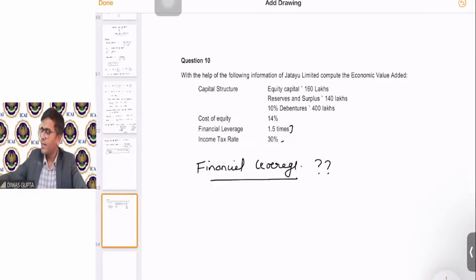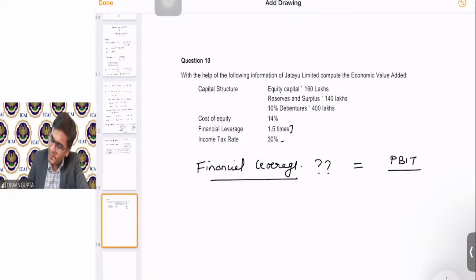I need not explain this then. So financial leverage is actually PBIT divided by PBT. So for 1 rupee of profit before tax, how much is our profit before interest and tax? That means the extra amount of interest that we have. Correct?